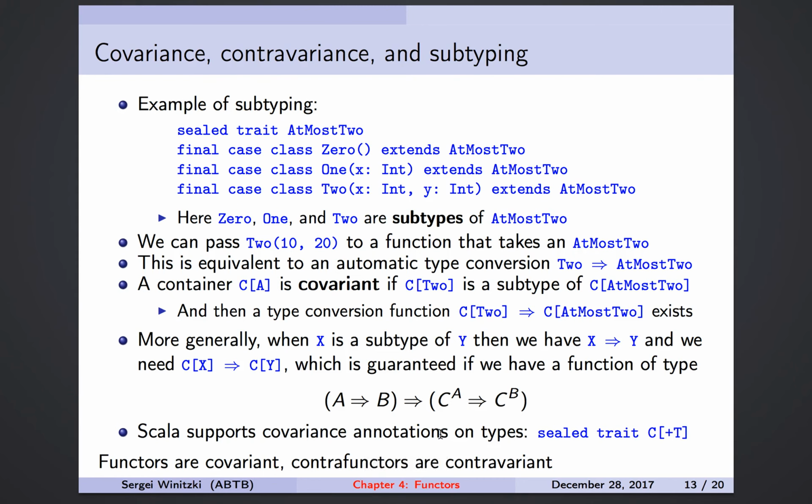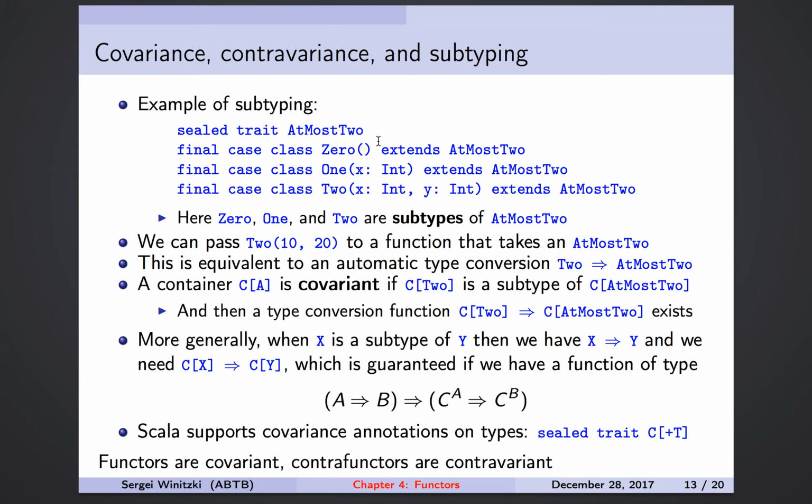So now that we see functors and contrafunctors, another thing that comes to mind is the concepts of covariance and contravariance. Now the concepts of covariance and contravariance are relevant to subtyping. So what is subtyping?